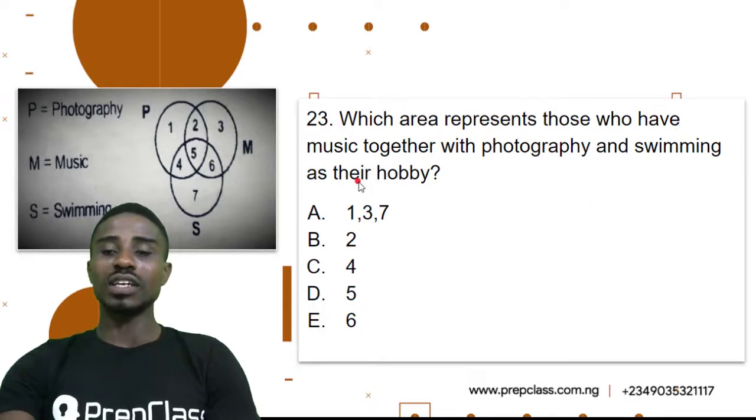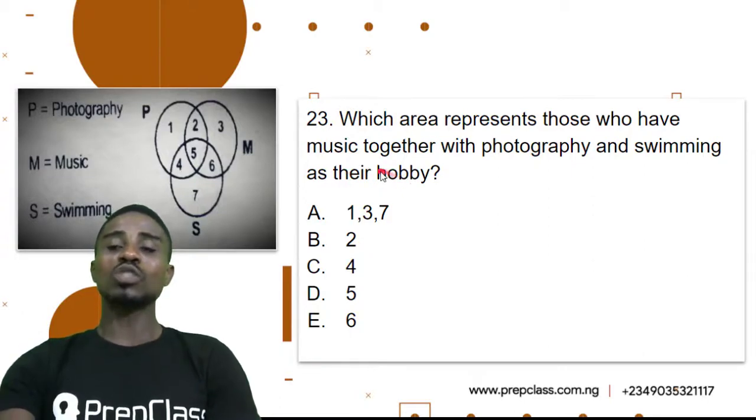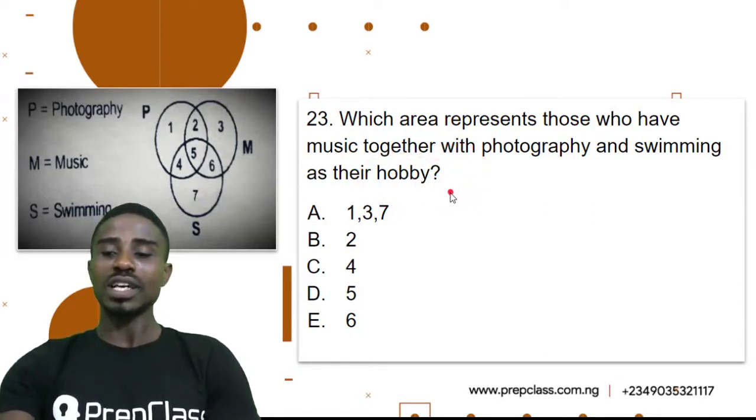Question 23, it says, which area represents those who have music together with photography and swimming as their hobby? This question entails an answer that has to do with all of the 3 hobbies. Let's check out how to get this question solved.